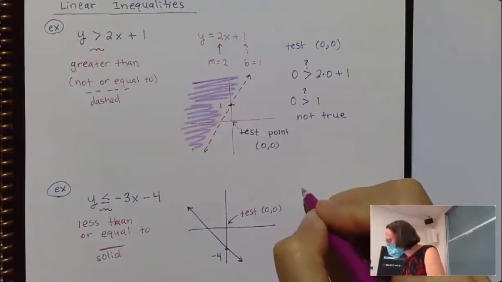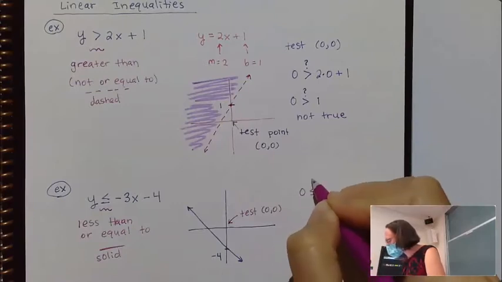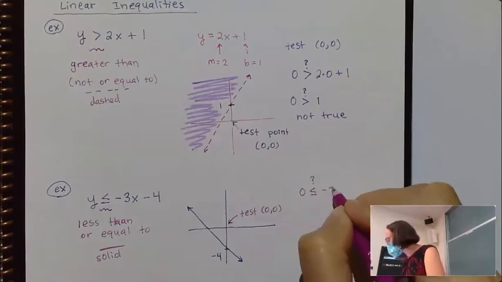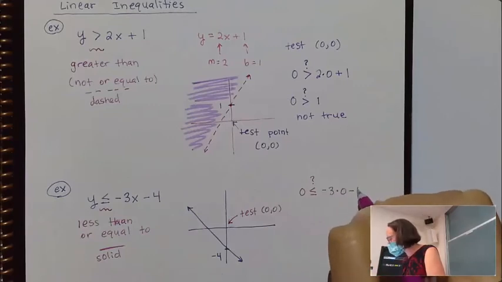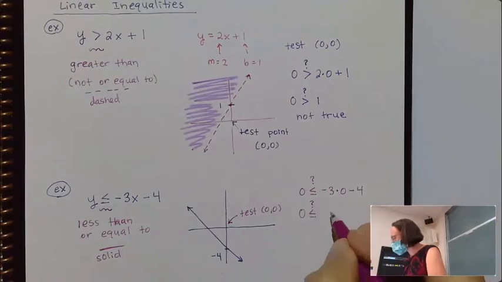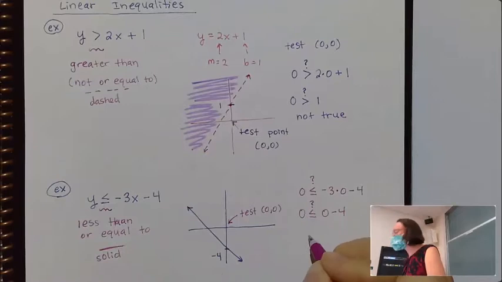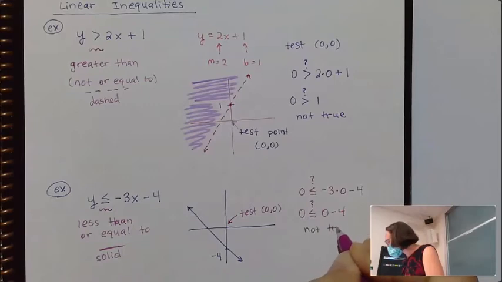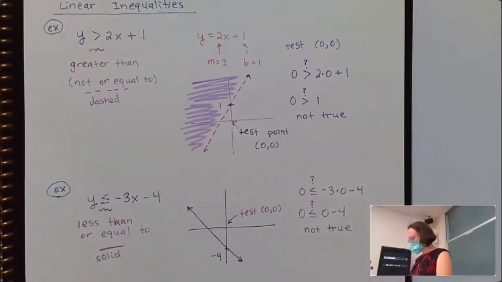So I'm going to say, is 0 less than or equal to -3 times 0 minus 4? So is 0 less than or equal to 0 minus 4? And that's not true. Which would mean that I would shade the other side of the graph.